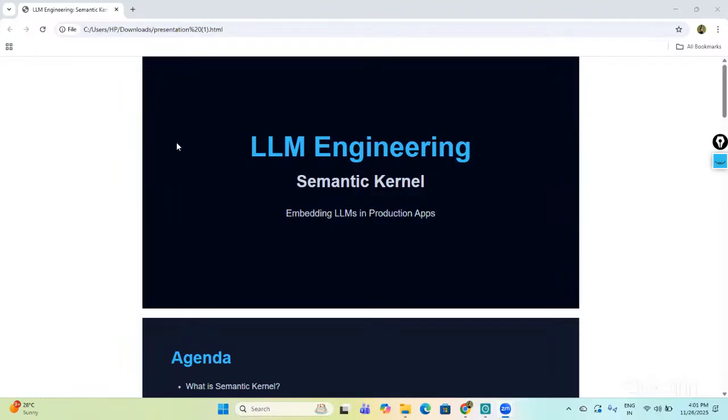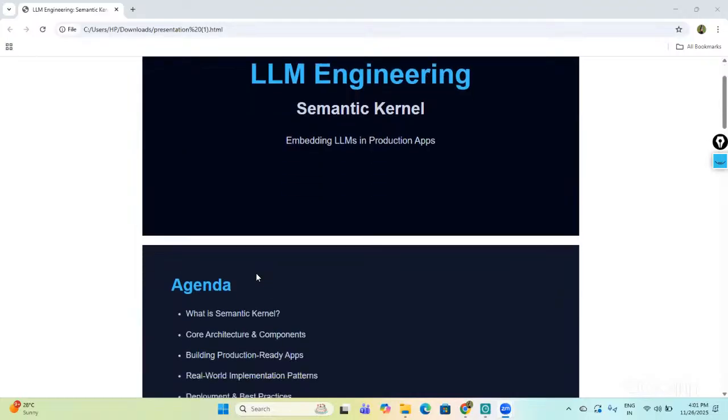So we are shifting from simple prompt AI demos to structured engineered systems and Semantic Kernel. This session will give you a clearer understanding of what Semantic Kernel is, how it works, and how you can use it to build intelligent and enterprise-grade solutions.